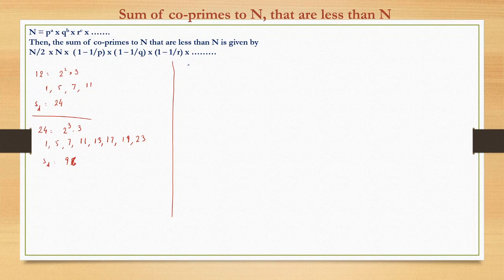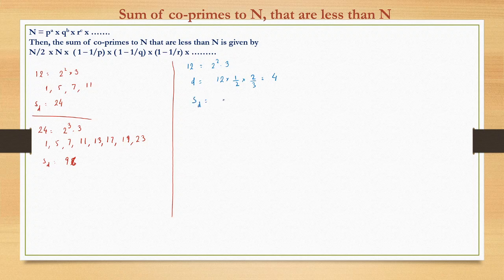Now if we have to find for 12, we know it is 2 square into 3. The number of such numbers which are co-prime to 12 and less than 12 would be, what? 12 into, directly writing, 1 by 2 into 2 by 3. So this gives 4. And what will be the sum of all such numbers?